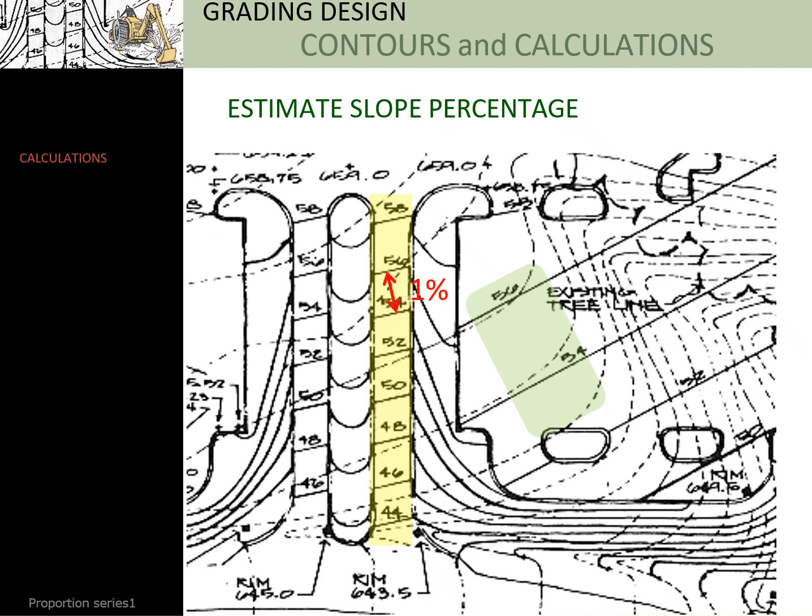And now I want you to estimate the slope in percentage for the green area. Without using the formula, just eyeball it and use the proportional concept. Okay, here is what I would do. I will compare the contour spacing of these two areas.